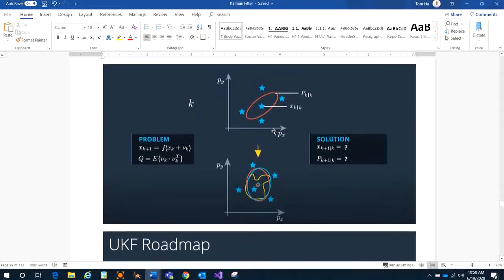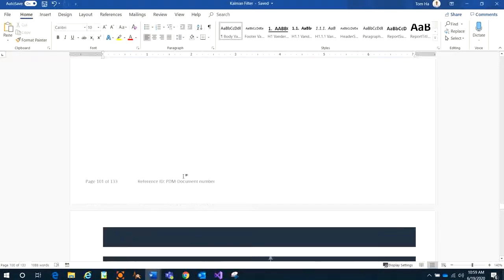We have to pass them through the process model to predict the sigma points. After this step, we have to predict the covariance and mean state.